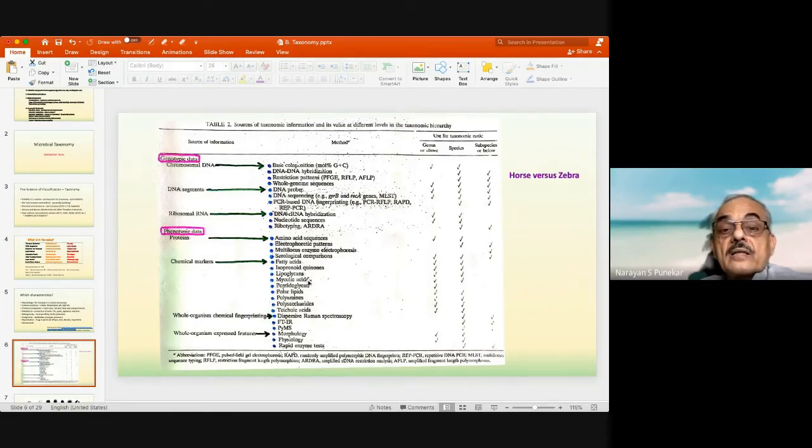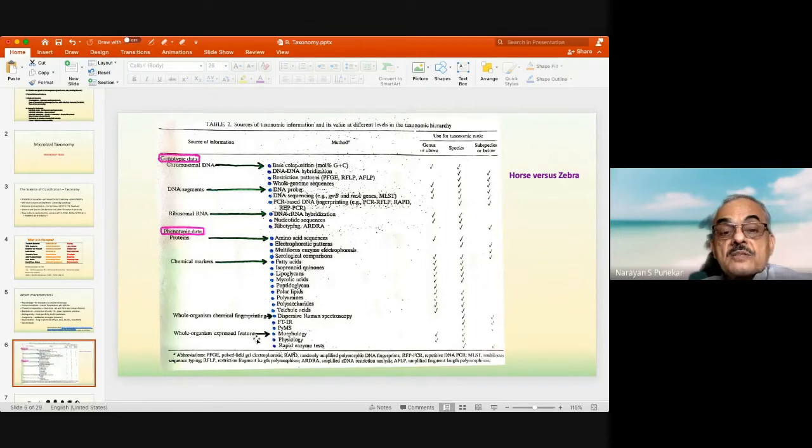For example, you find mycolic acids mostly in mycobacteria, so you don't find them in E. coli. So you can always say this is not an E. coli. Okay, things like that. So lipids, polyamines, almost every member of the biomolecules can be used in some sense for classification. So you have proteins, chemical markers, whole genome fingerprinting. Okay, you can use them.